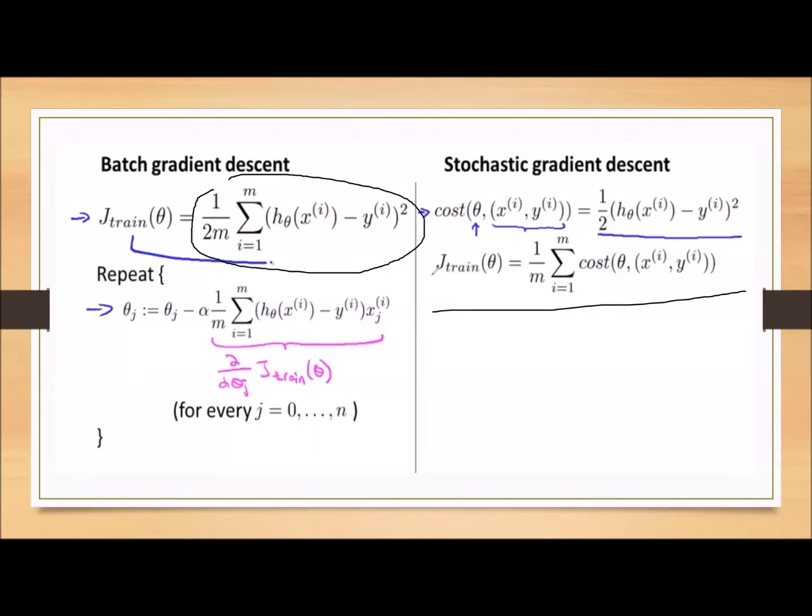We take the same term, 1 by 2 into h of x minus y whole square, and name it cost of theta, because we are considering it for only one training sample for a particular step. We also indicate x comma y for a particular training sample. When we substitute the values, this cost function value will equal the batch gradient descent cost.